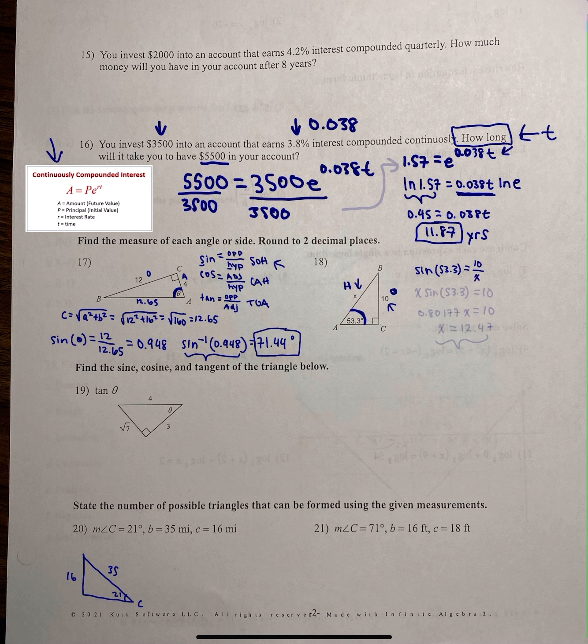So now we're just going to use algebra to solve this. I'm going to get rid of the fraction by multiplying each side by x. So x sine 53.3 equals 10. Divide each side by sine 53.3. Actually, it might be faster to just solve sine already.